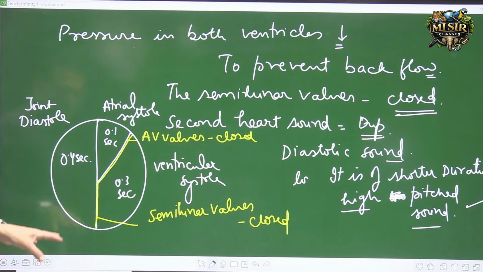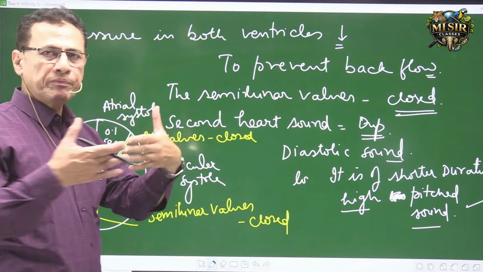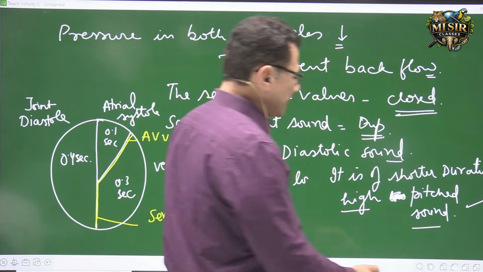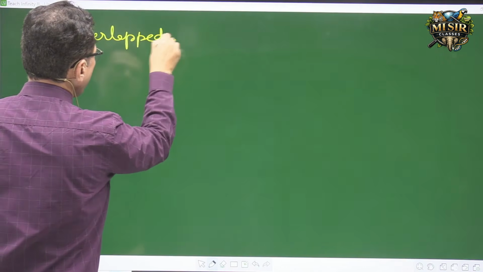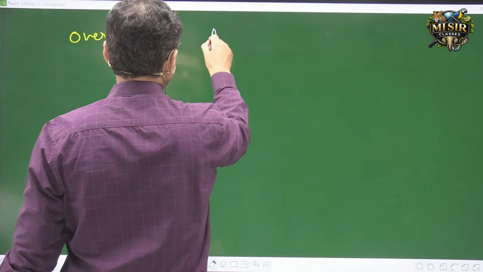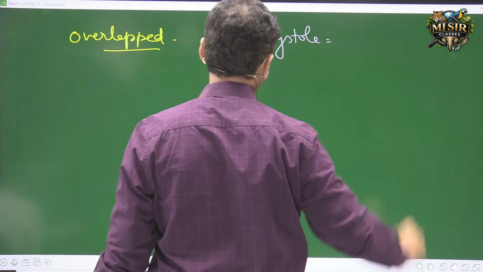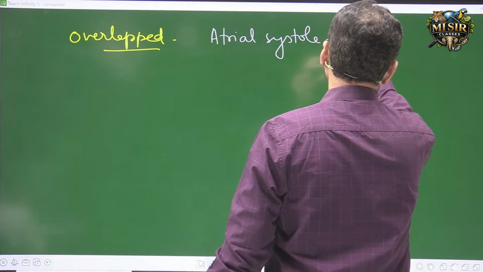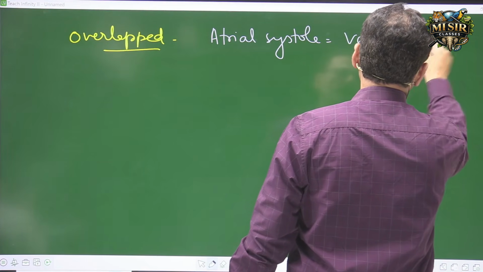There are various questions, as I already said. Another question which can be framed here is which conditions overlap in the cardiac cycle. The overlapped conditions are atrial systole with ventricular diastole.